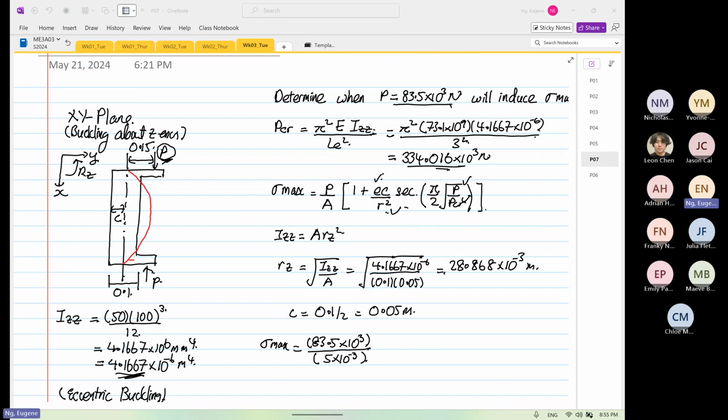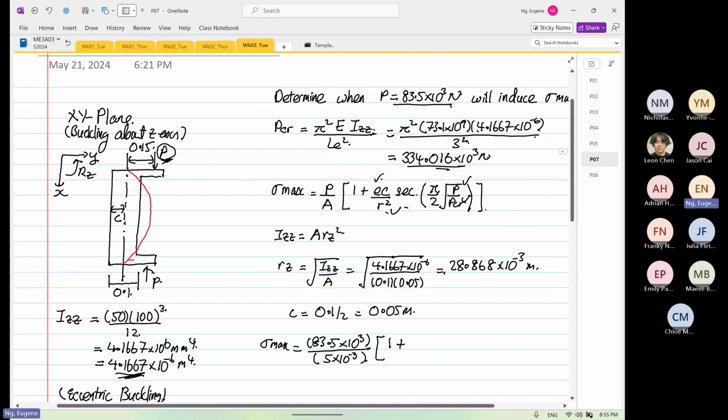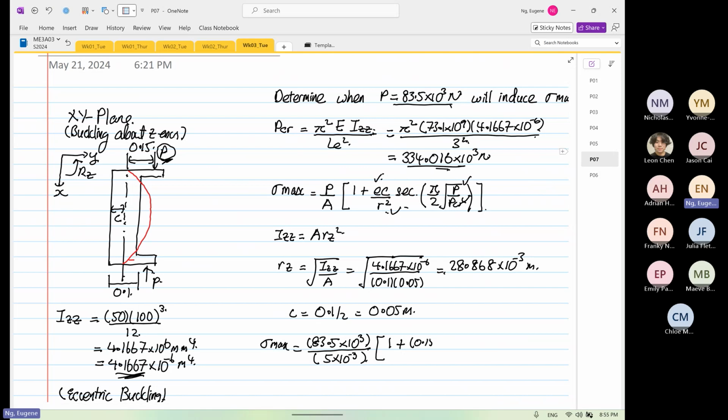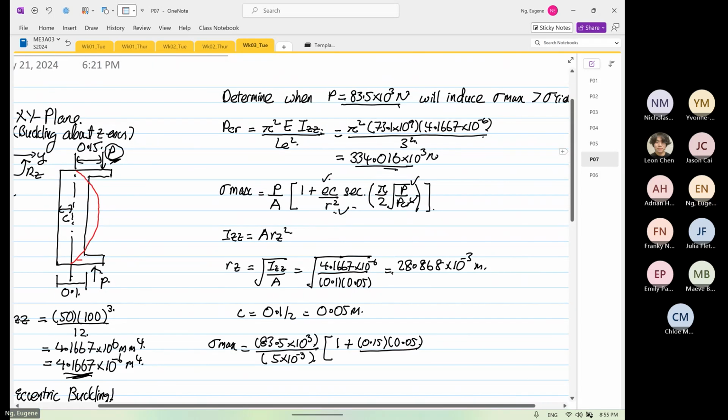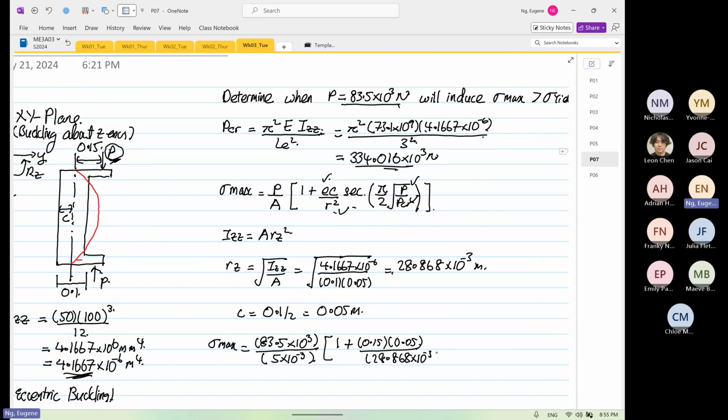And then we have bracket 1 plus E, where E is equal to 0.15 and C is equal to 0.05, over R squared, which is 28.868 times 10 to the power minus 3. And then we have secant of pi over 2 square root of P, which is 83.5 times 10 to the power 3.